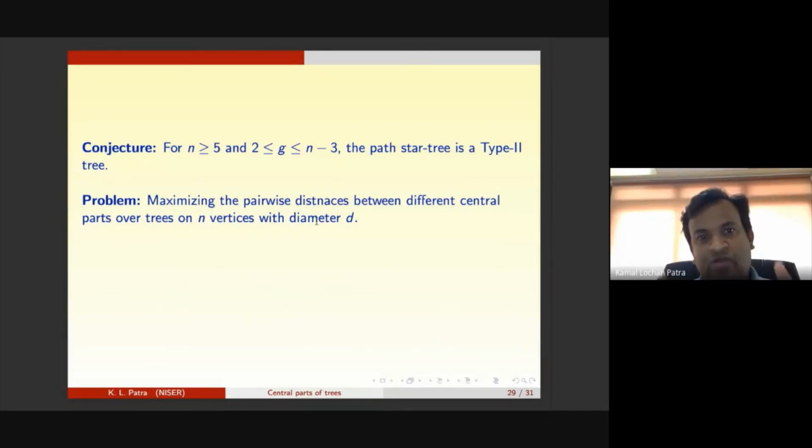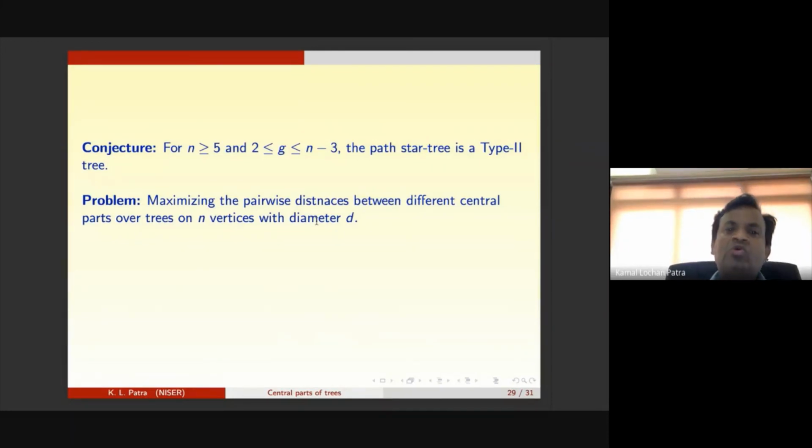If we restrict more, the problem becomes a little trickier, where n and d are fixed. Can we maximize these distances? In that paper they studied distances between center and subtree core, and centroid and subtree core, with n vertices and diameter d.